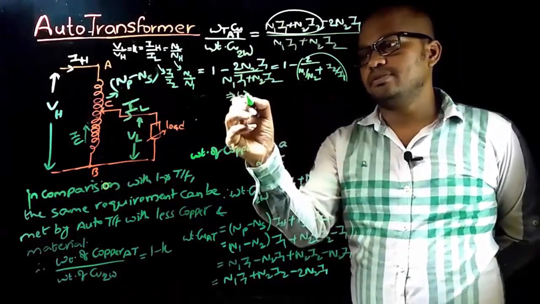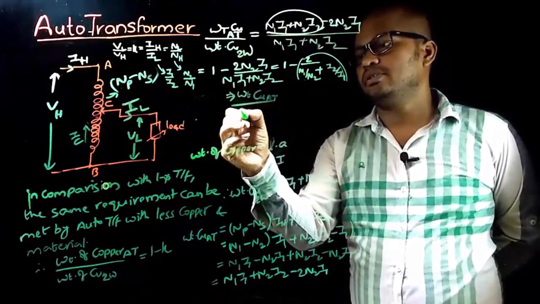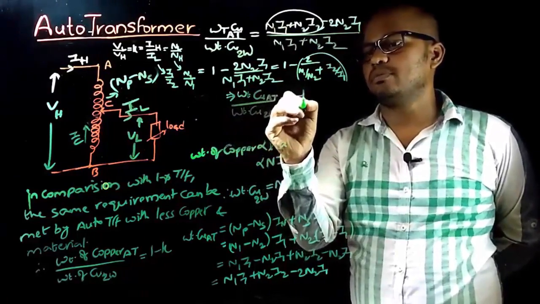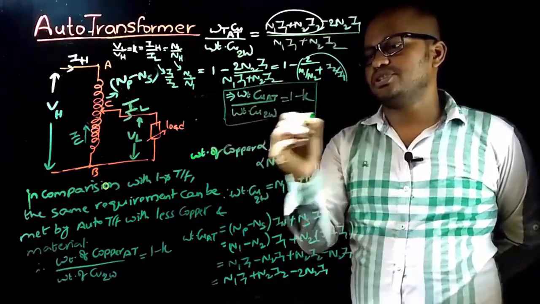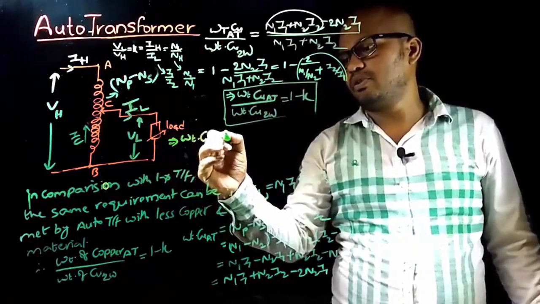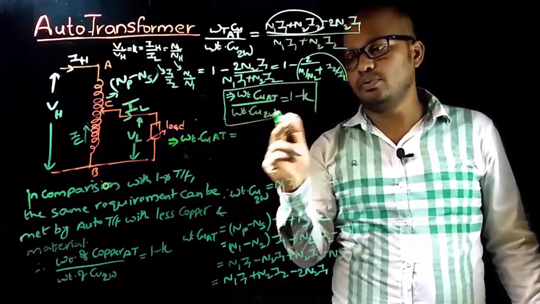So that implies the weight of copper of autotransformer to the weight of copper of two winding transformer is equal to 1 minus K. This is one more important relation. That implies the weight of copper of autotransformer is equal to 1 minus K into the weight of copper of two winding transformer.